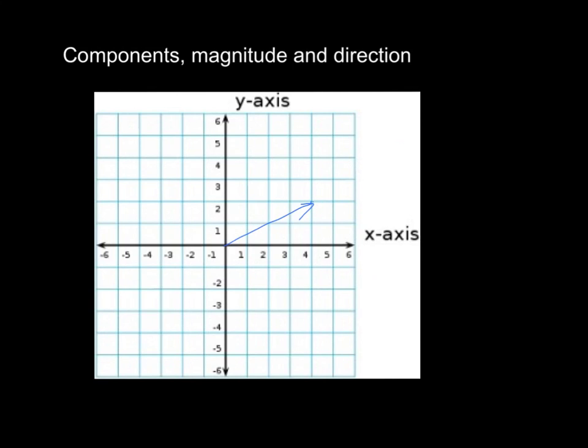So now there's two ways I could communicate this thing. One way, possibly the most obvious, would be to say: if you move 4 to the right and then 2 up, then here's your vector. So basically the tip of the arrow is 4 to the right and then 2 up. Or in a more mathematical language, it's at point 4, 2.